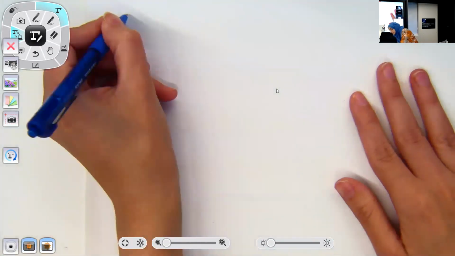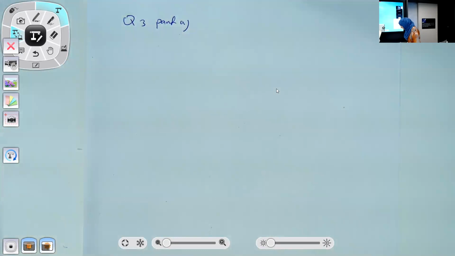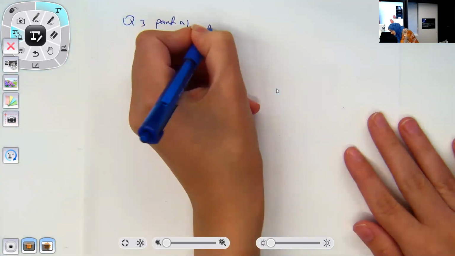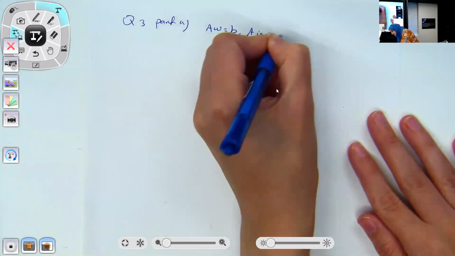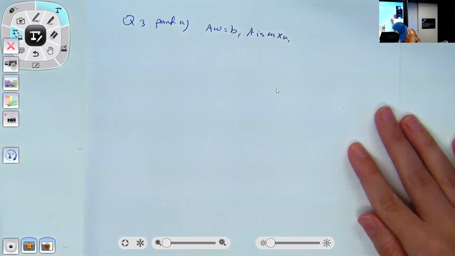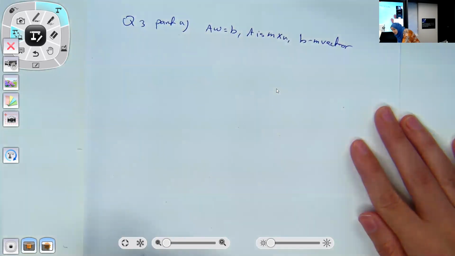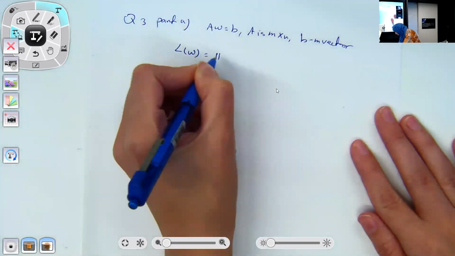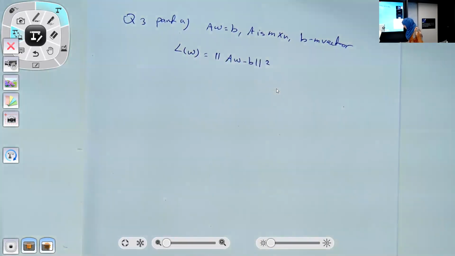In question 3, part A, they give you that A is an M times N matrix, and B is an M vector. And they give you that L omega equal the norm of A omega minus B to power 2, and we are in the L2 norm. We need to explain why the minimizer of L omega is the same as the minimizer of the norm of A omega minus B.